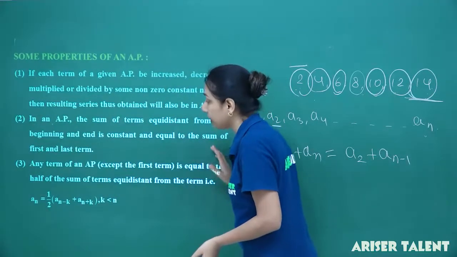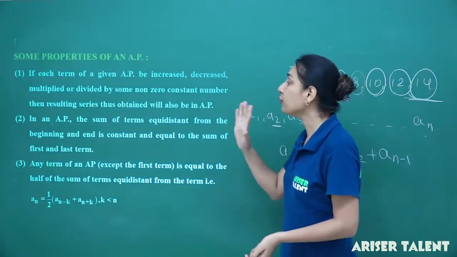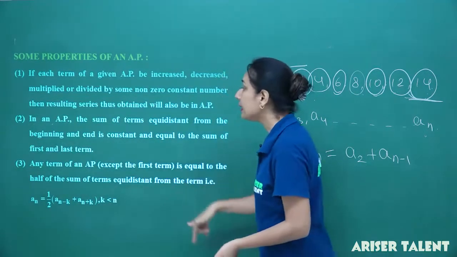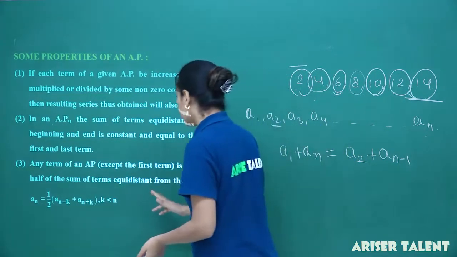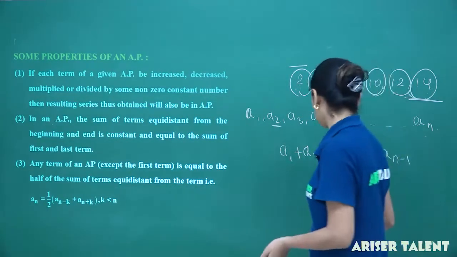Now the third property is what? Any term of an AP except the first term. We are not talking about the first term, leave that. Any term of an AP is equal to half of the sum of terms equidistant from the term. Now what is it saying?